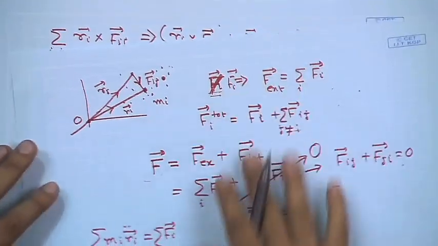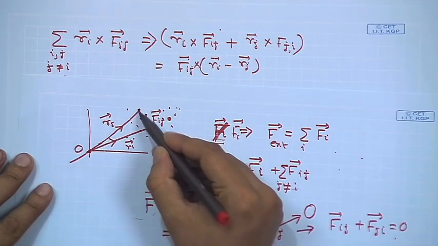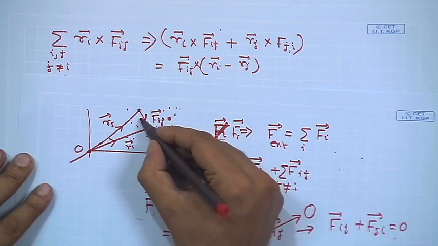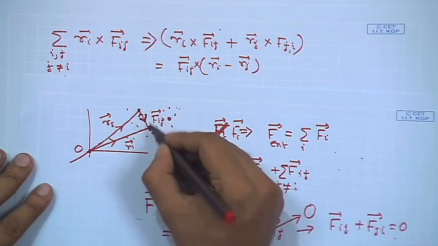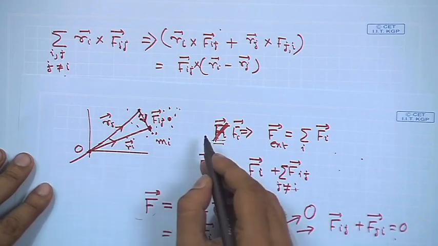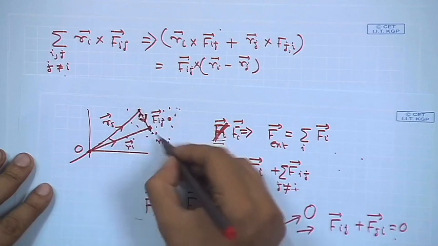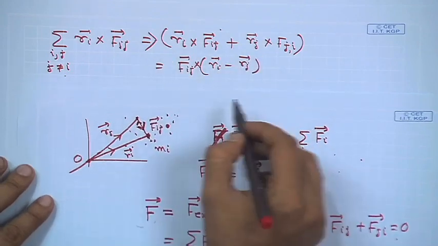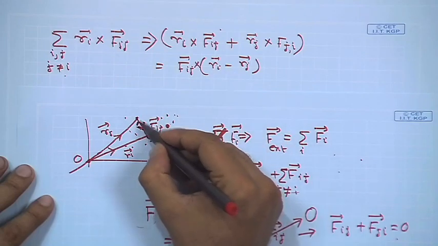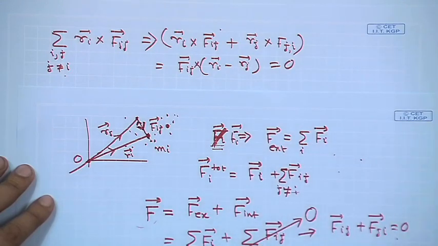So in the cross product, F_ij acts along this line, and r_i minus r_j is either in this direction or in that direction, depending on how we define which one is i and which one is j, which does not matter. Irrespective of whether it is along or opposite to this direction, this cross product will unanimously vanish.